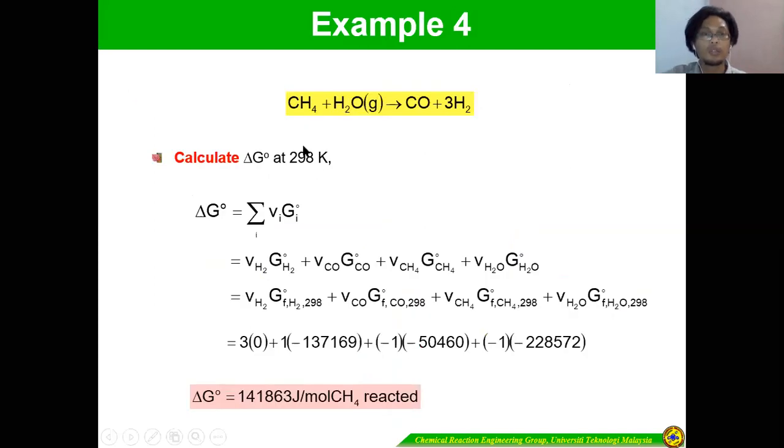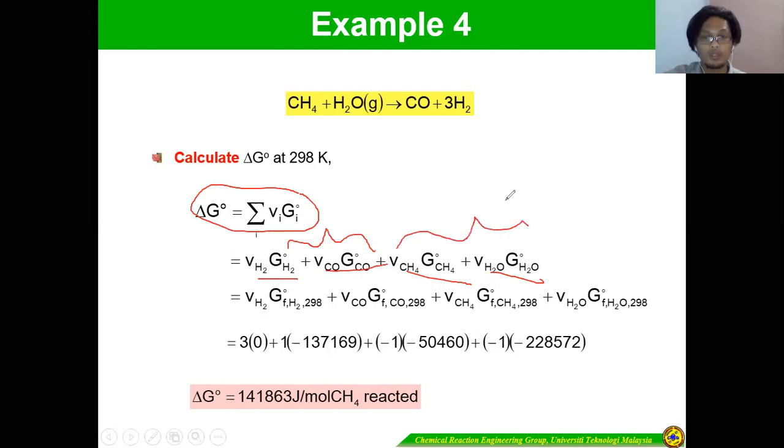Okay, so for example, take this equation: methane plus H2O to produce CO and 3H2. If you want to calculate the standard Gibbs energy change, we can calculate based on delta G naught for each species: H2, CO, CH4, and H2O. This one is the products and this one is the reactants.